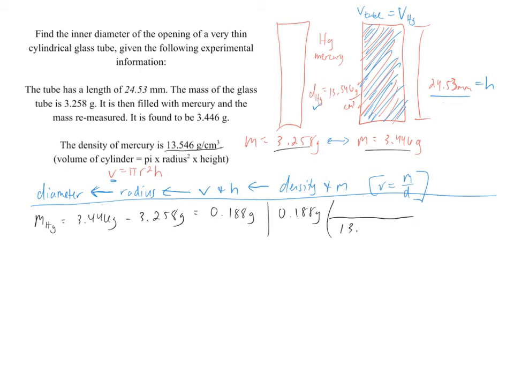Since we want it to cancel grams, we put this at the bottom. Okay, and grams cancel. Essentially I'm just dividing by the density, as it's in the denominator here. And from there, I'm going to simplify.